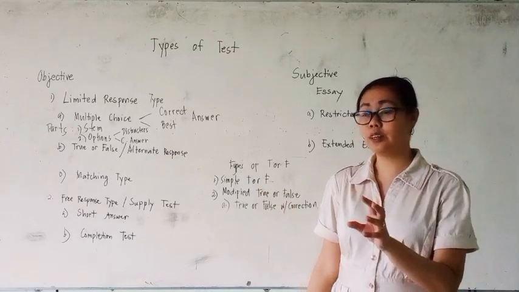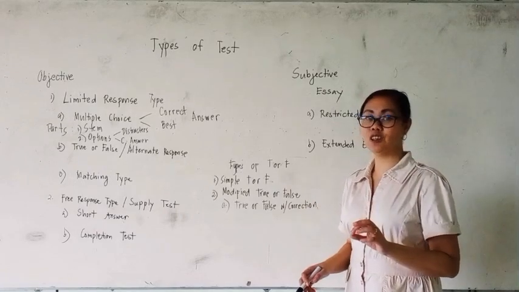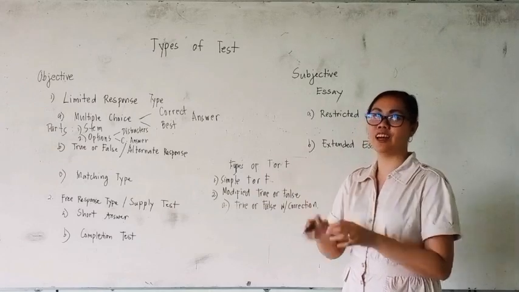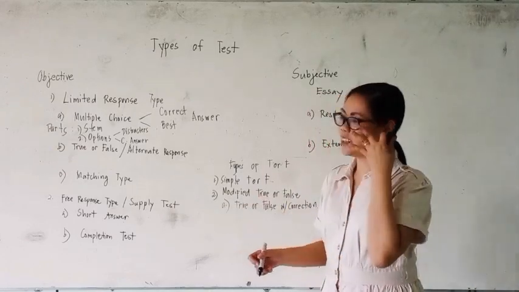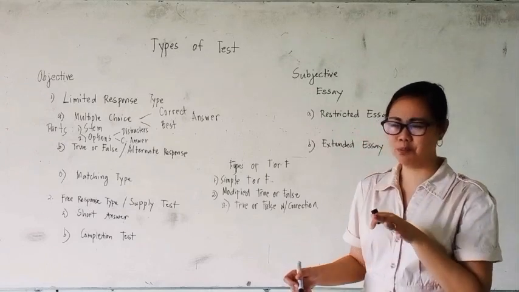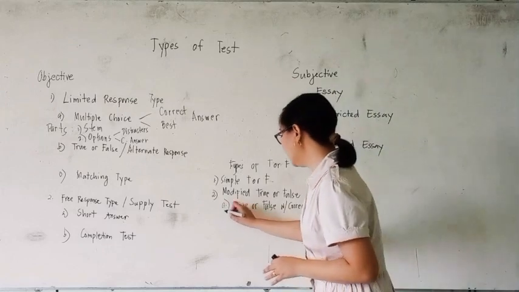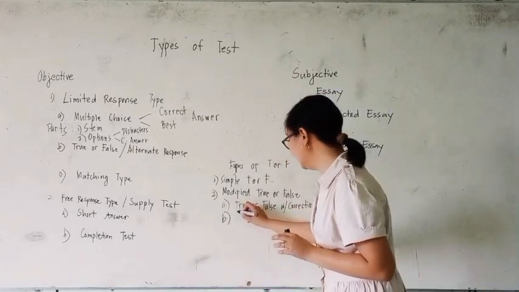So, yun yung tinatawag natin na true or false with correction. Yung pinapalagay sa inyo kung ano yung tama. I-underline nyo kung ano yung mali. Papalitan nyo naman yung tama. True or false with correction yun. Pero generally, ang tawag nila modified true or false. Pero sa totoo lang, maraming klase ng modified true or false. Letter B, we also have the extended or expanded.